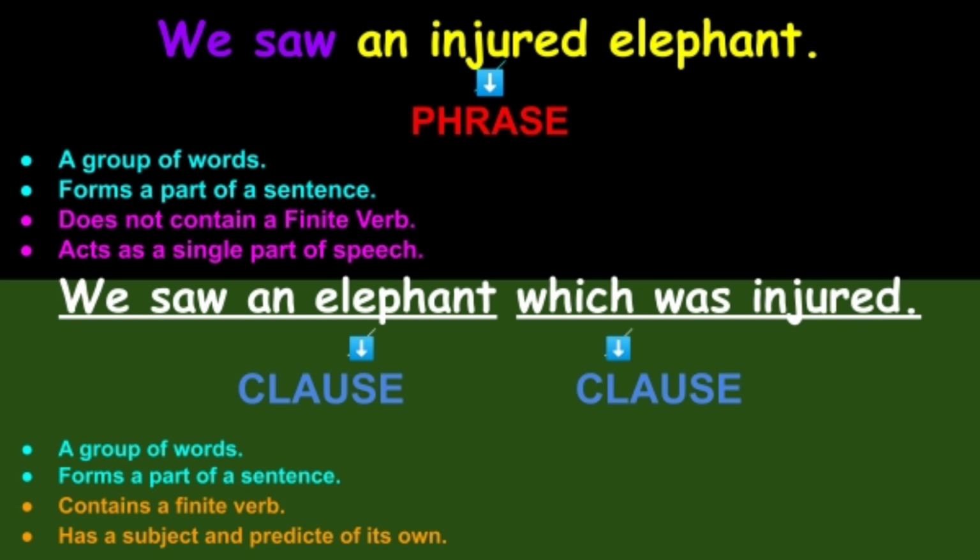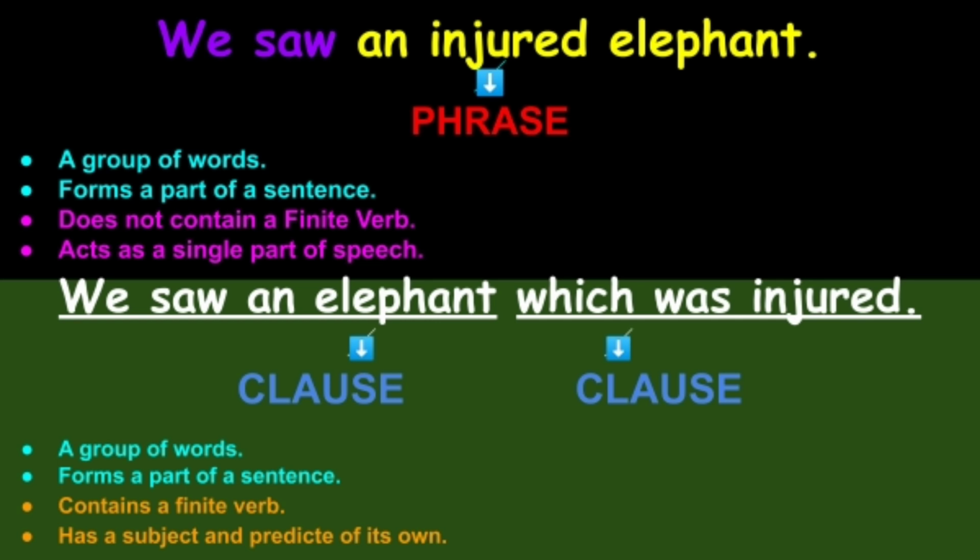We saw an elephant and which was injured. And there are two finite verbs, saw and was. But in the first sentence, there is one finite verb, saw. But in the group of words, an injured elephant, there is no finite verb.